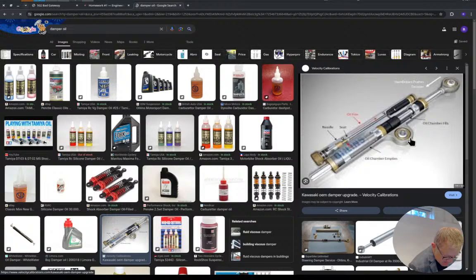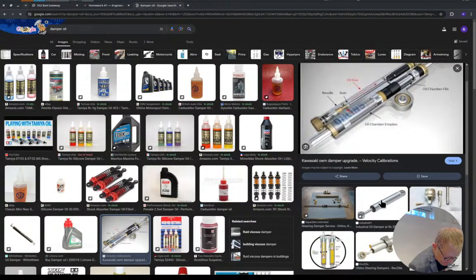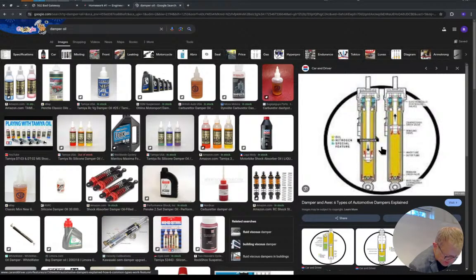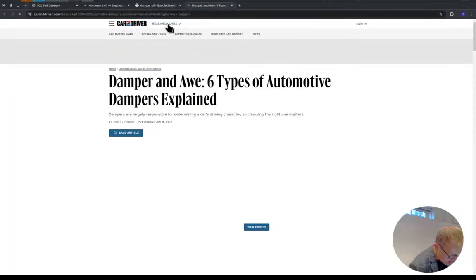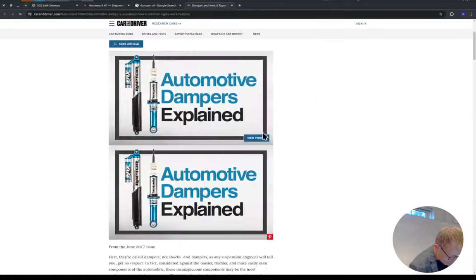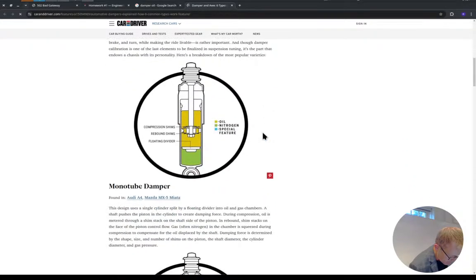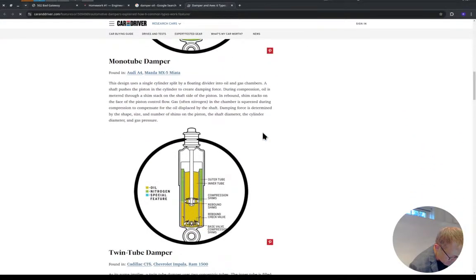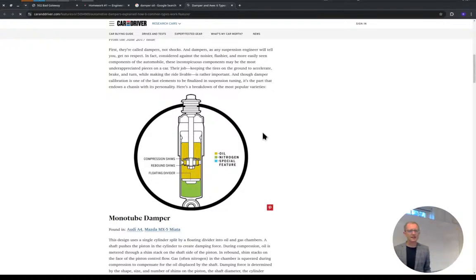This one's not bad, like a cross section kind of drawing. The general idea is that I fill up a cylinder full of oil.